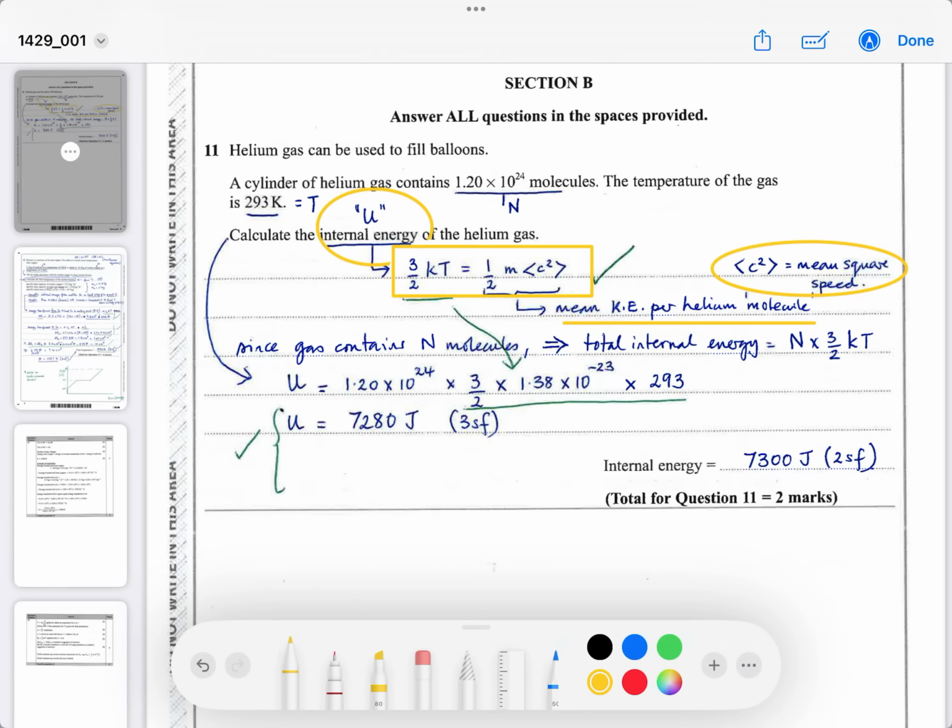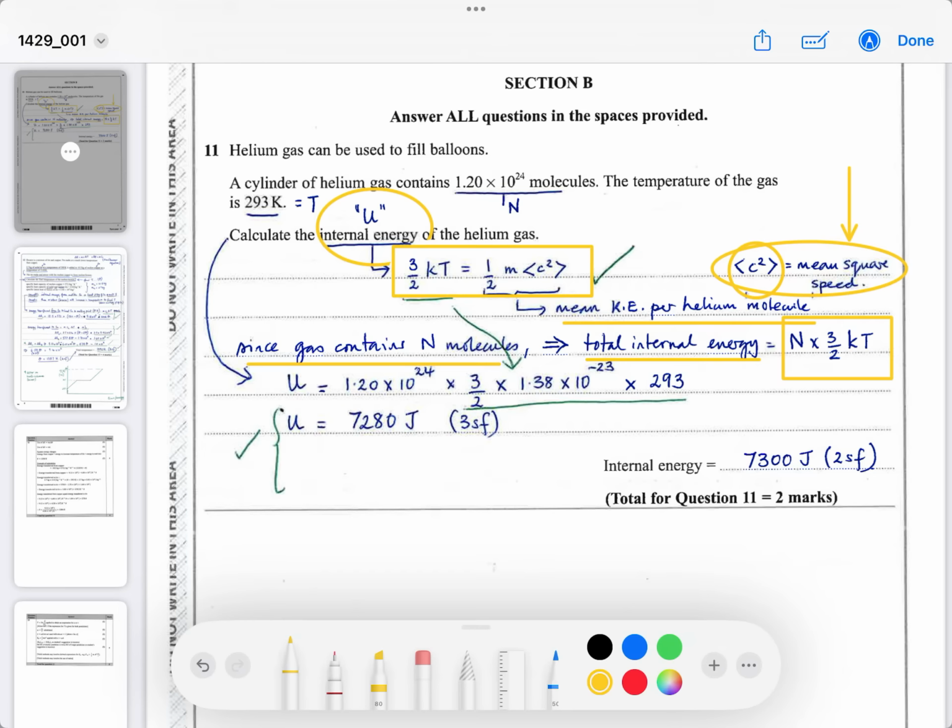Now this is a statistical value, and you need to know how you get it. So you need to go and revise that if you don't. Since the gas contains N molecules, the total internal energy will be N times what we put above, which is 3/2 kT. We haven't been given the value for c squared, but we do know the other side of the equation.